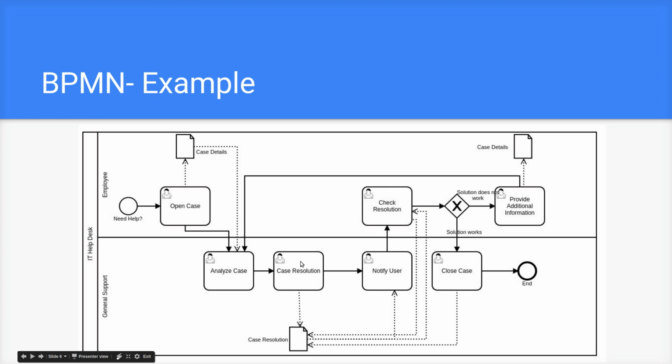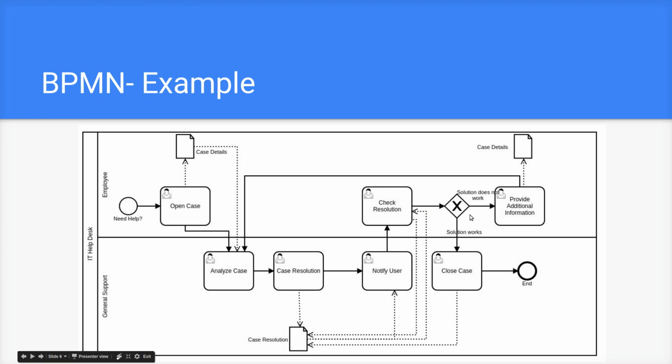When he comes up with the case resolution, he creates one data object called case resolution, which contains the solution, and with that he notifies the user. When he notifies the user, the employee receives the notification and checks the case resolution to see if that is working. If the solution is working, he says yes, and then the general support closes the case, and the business process ends.